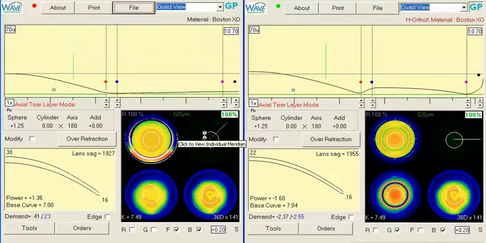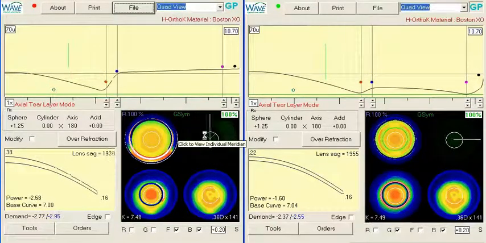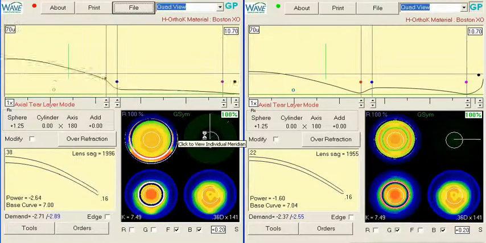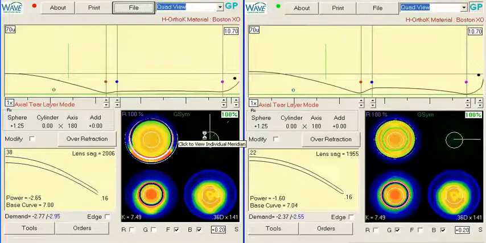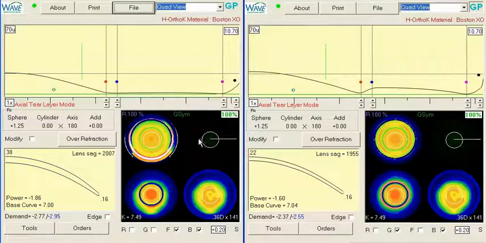So let that run. And now it looks like we've got a lens that's much better aligned.